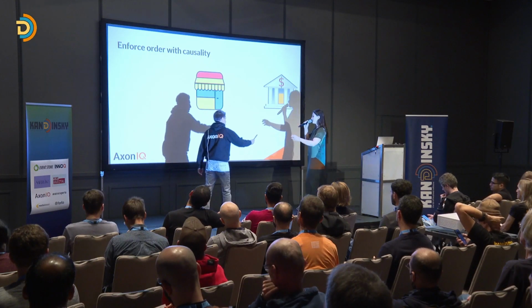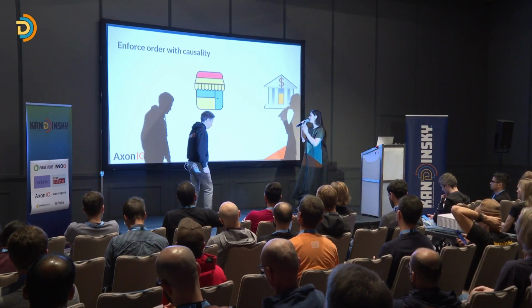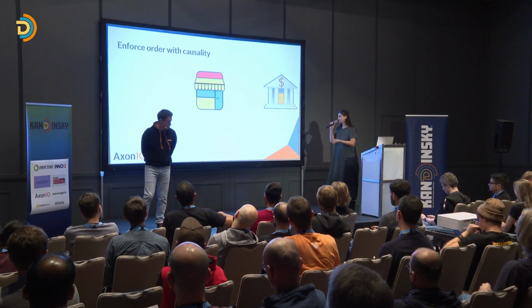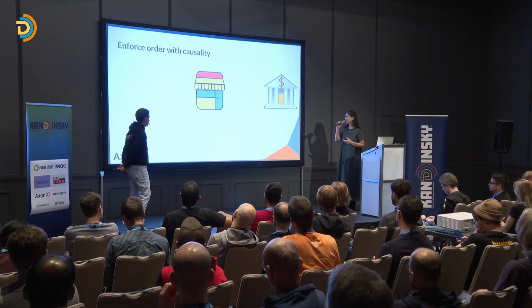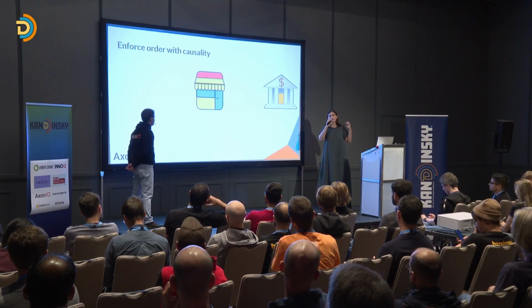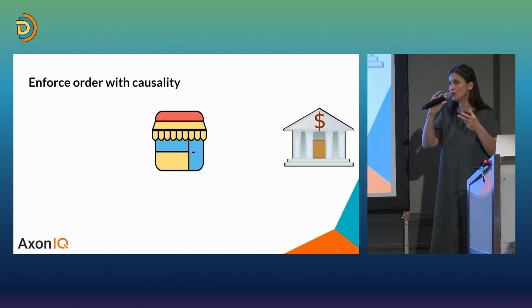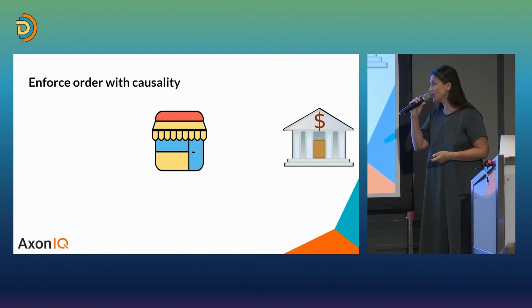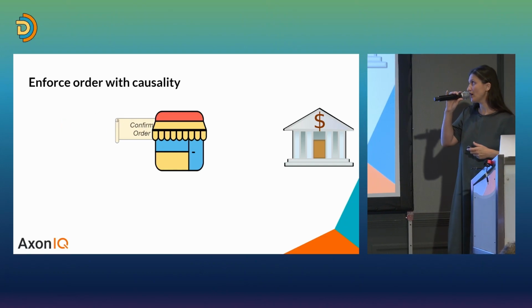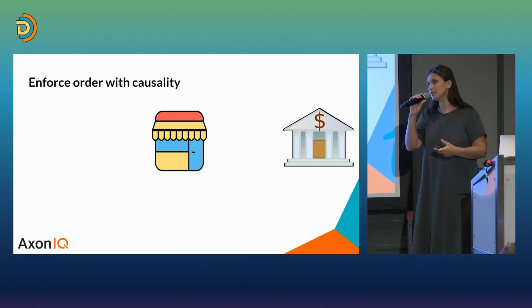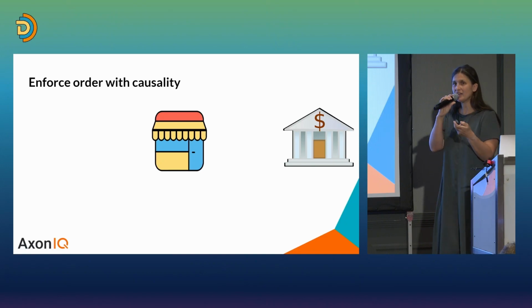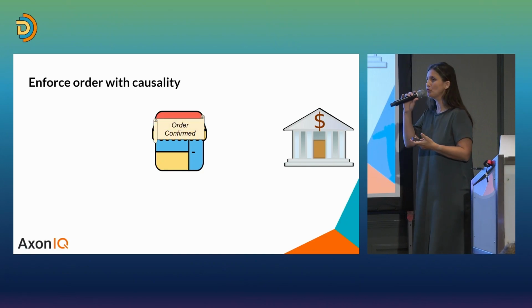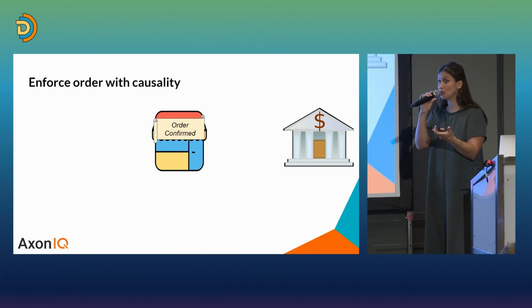There is another solution that is very similar to the one that Milan explained, but is implemented in a different way. It is to enforce the order using a cause and effect mechanism. So in the same example as before, when the confirm order command is sent, it is handled and executed, and an order confirmed event is produced.